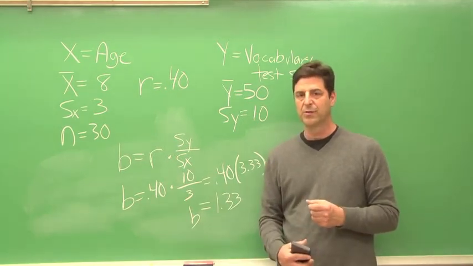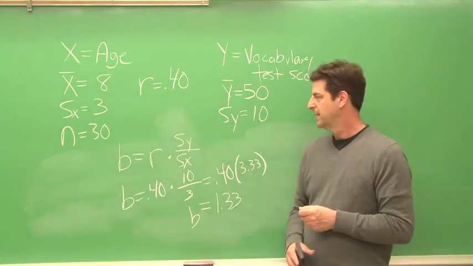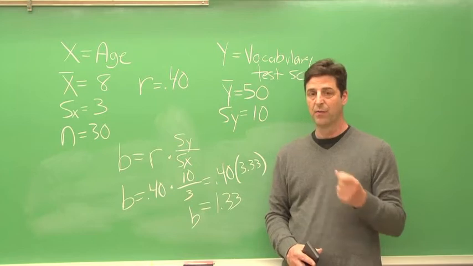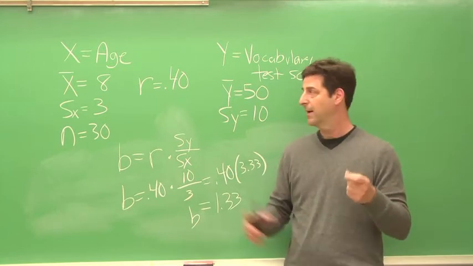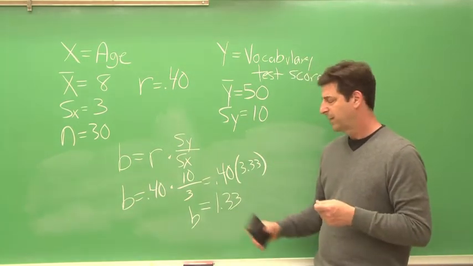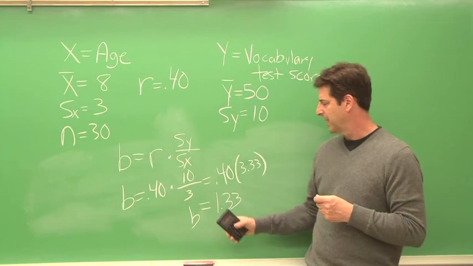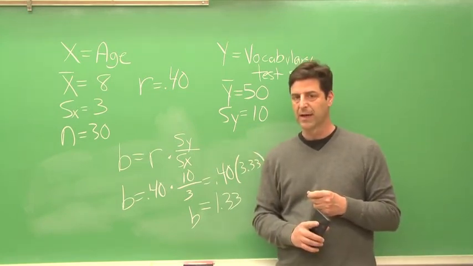And then we get to interpret it. What that regression coefficient tells us is that for every increase of 1 unit in x, so that is for every year older, for every increase of 1 year of age, we would expect a corresponding increase of 1.33 points on the vocabulary test.